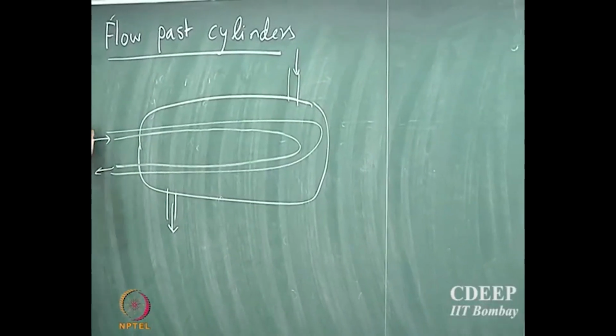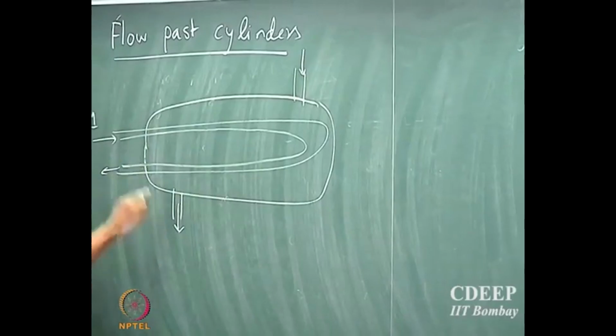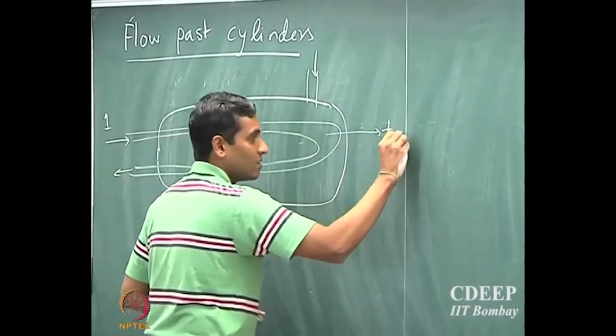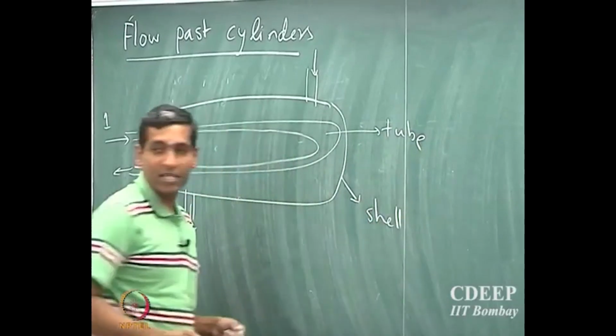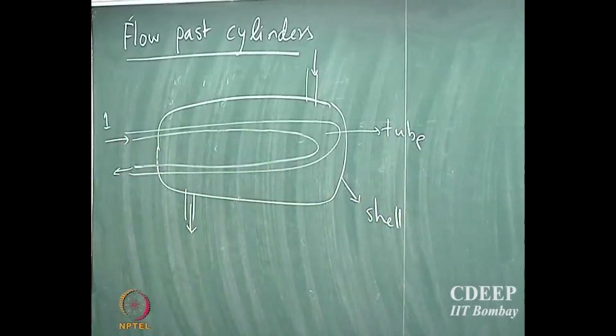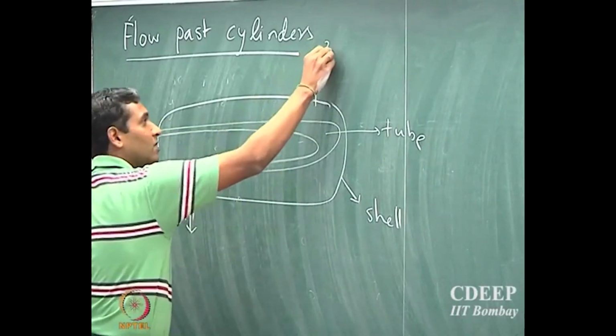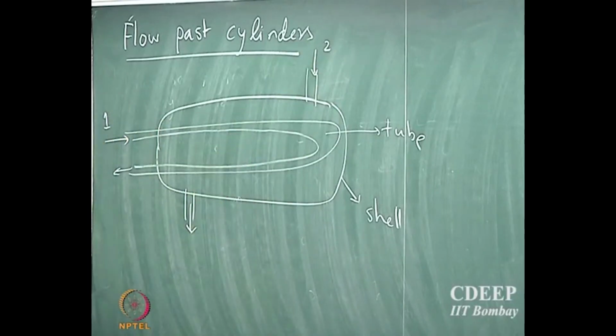Fluid 1 is actually going through the tube, so that's the tube, and this is called the shell. That's why it's called shell and tube heat exchanger. So you see a tube, one of the fluids is flowing through the tube, and there's another fluid which is flowing through the shell side, okay.